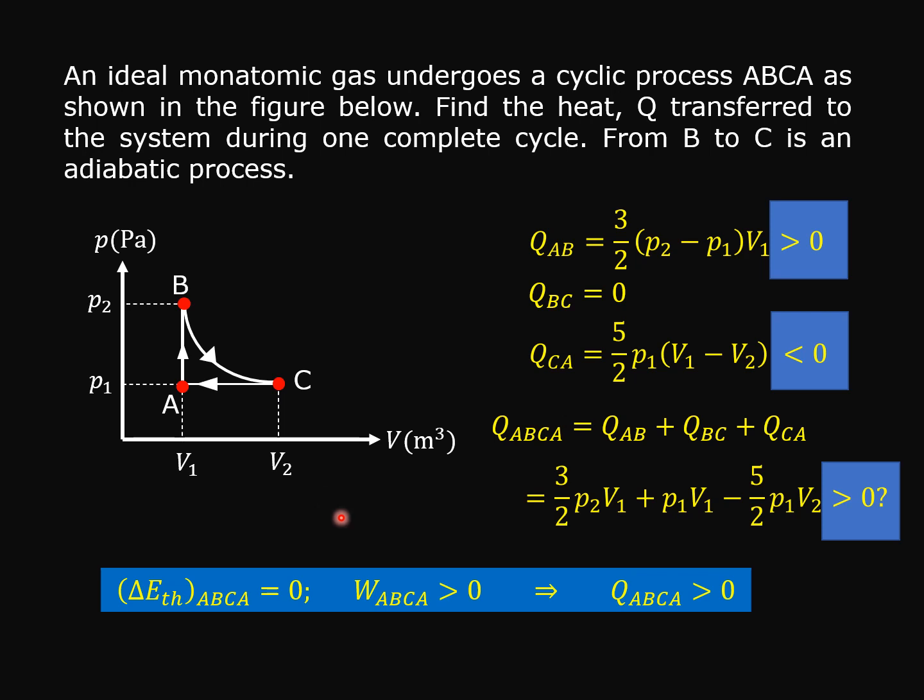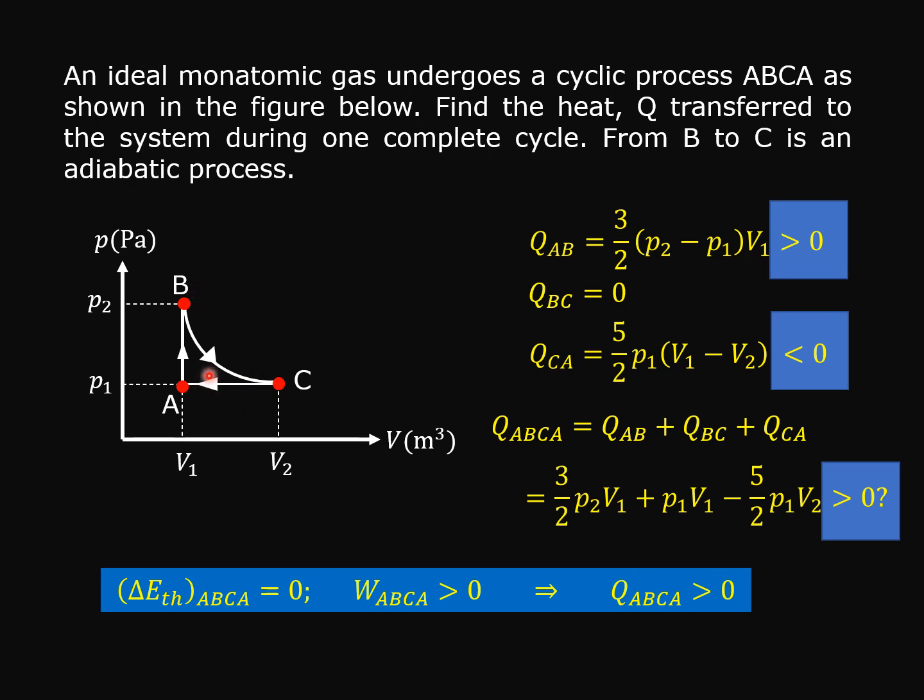But if we apply the first law of thermodynamics to the whole cyclic process, then we can know that in the cyclic process, the internal energy change is equal to 0, and the work done is equal to the enclosed area, which is a positive value in this case, because the arrows in this graph are in the clockwise direction.